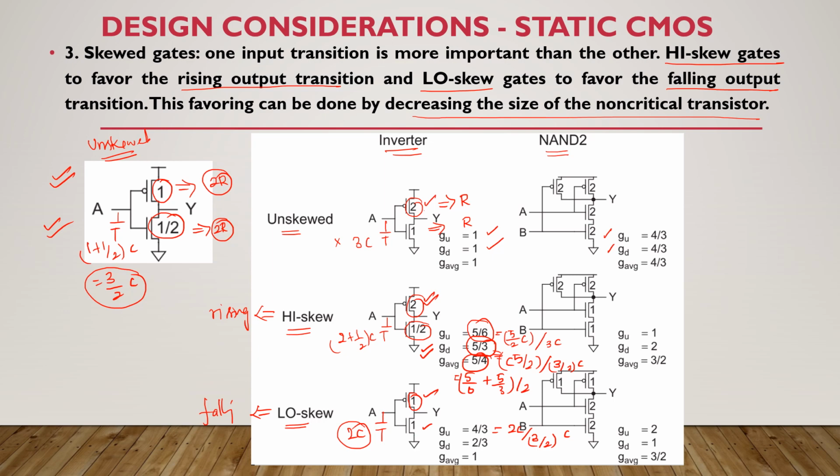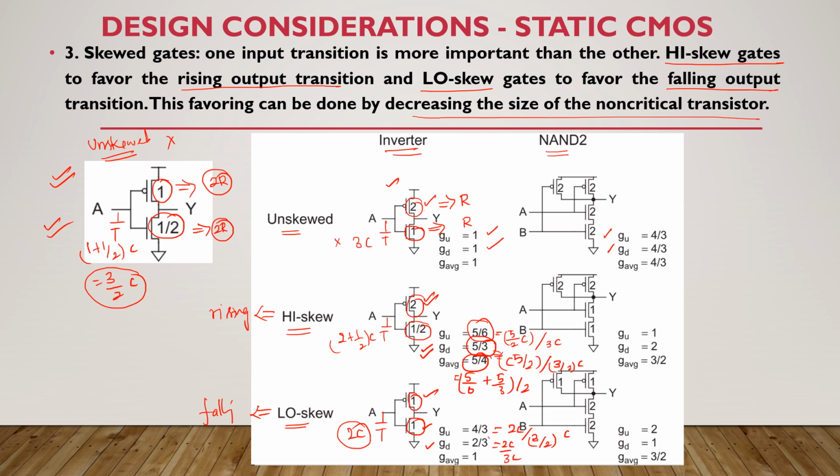Similarly, if you want to calculate the falling transition, you should not consider this inverter. Instead, we have to consider this one. Here the capacitance is 2C, here 3C. That's why we are having 2C by 3C.